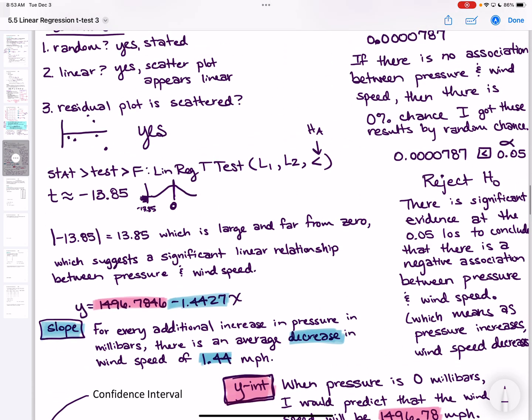They did grip strength and the length of your index finger. Both of those measurements were quantitative, so they had to do a linear regression t-test. But we've had a couple do chi-squared, right?